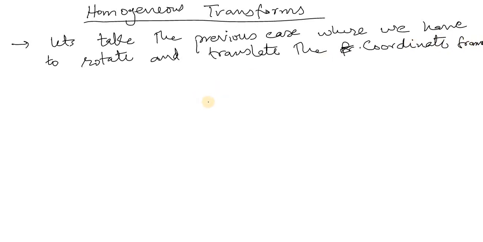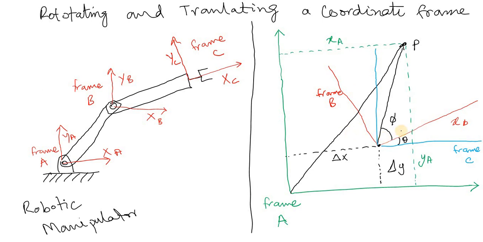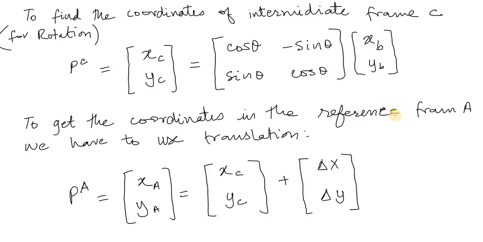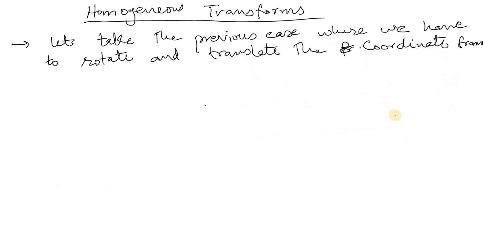So I'm talking about this one here. We did translation and rotation here. So let's take the same example, but this time we are using homogeneous transforms.